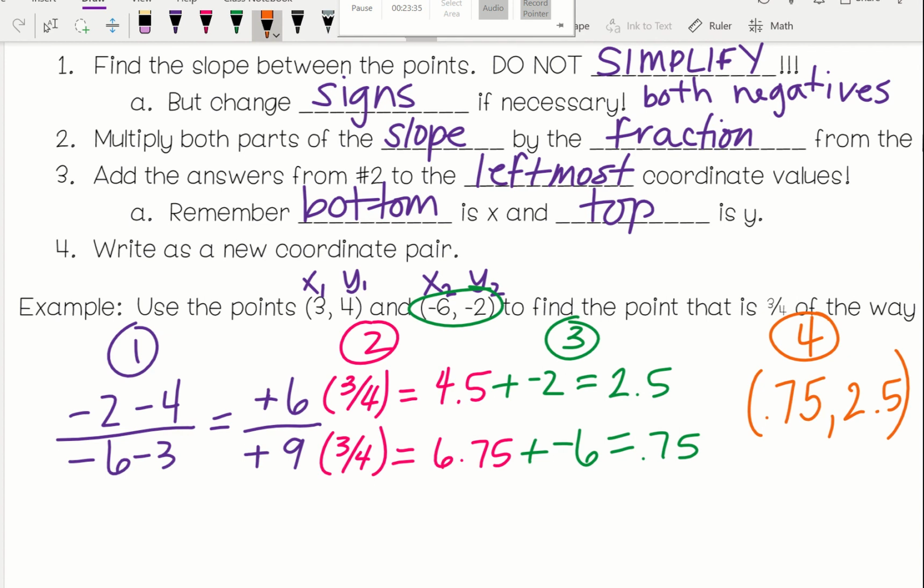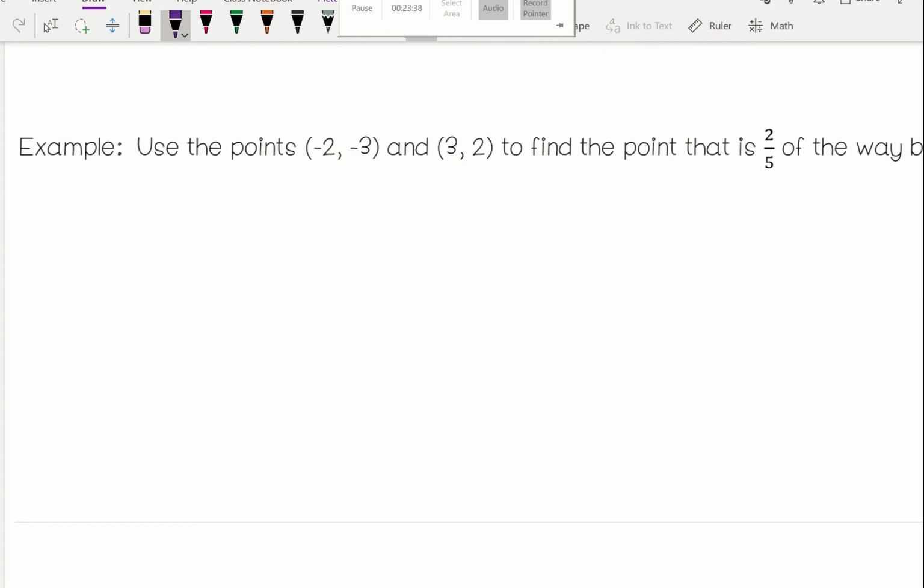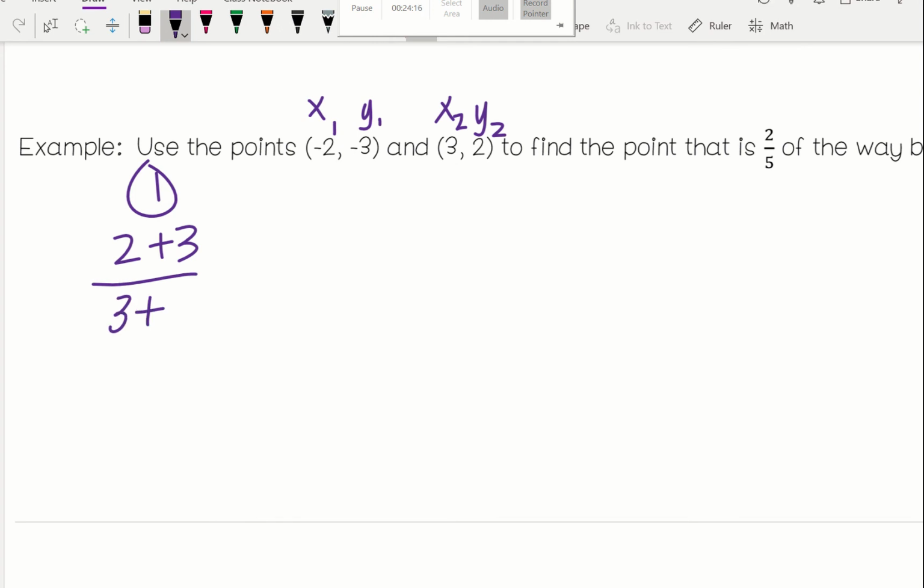Try the second example through it, because then I bet you'll find your mistake real easily. It's 5/6. Look. Remember, on that first step, Christian, how am I going to plug in for my slope? 2 plus 3 over 3 plus 2. 2 plus 3 because it's y2 minus y1 on top, over 3 plus 2, x2 minus x1.